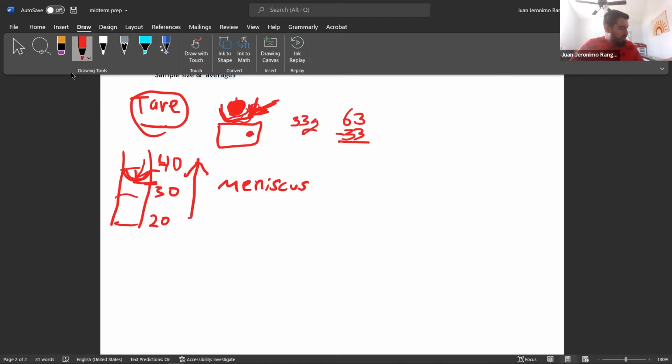On page 34, you'll notice that pipettes a lot of times have 0 here, and then 1, 2, 3, 4, 5, if they're a 5 mL or a 10 mL pipette.